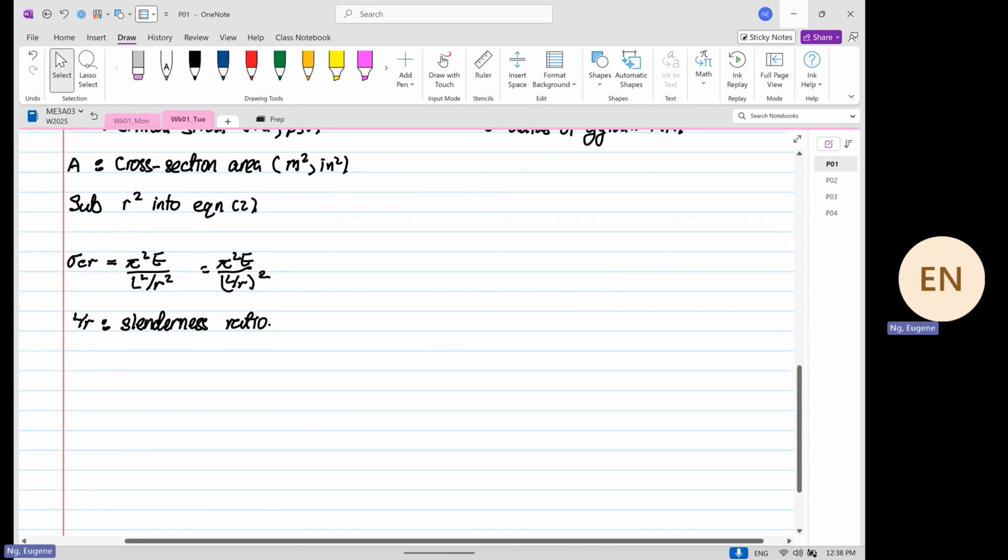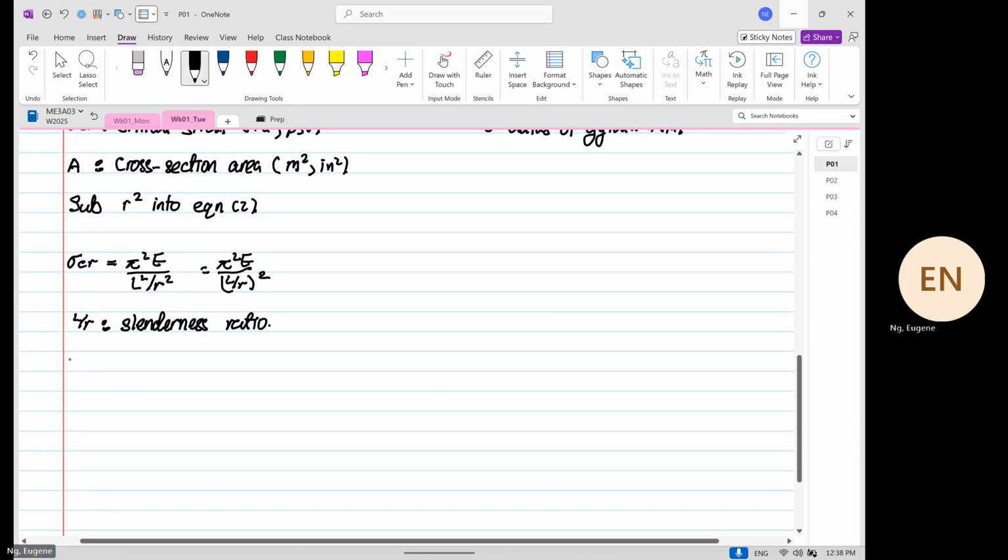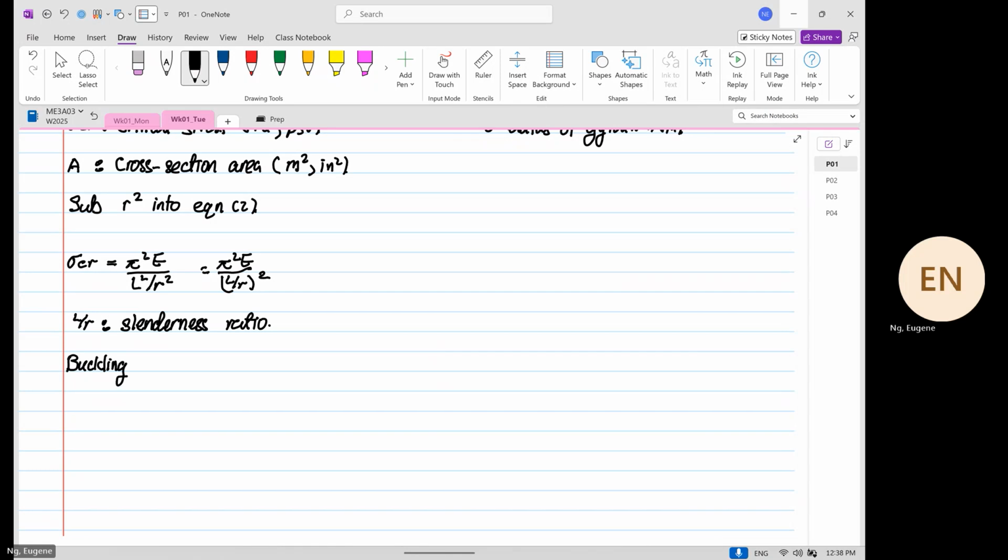And always remember that buckling only occurs when structures are under compression, axial loading only.